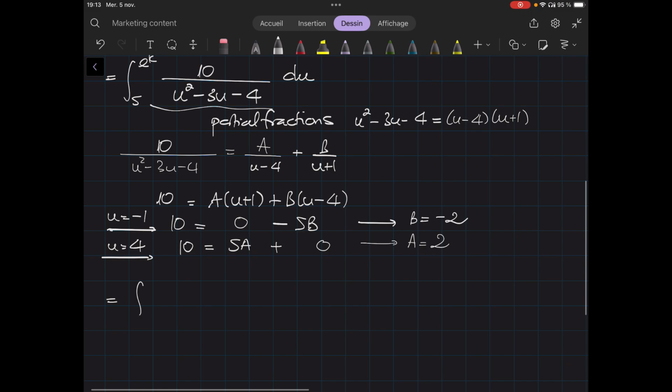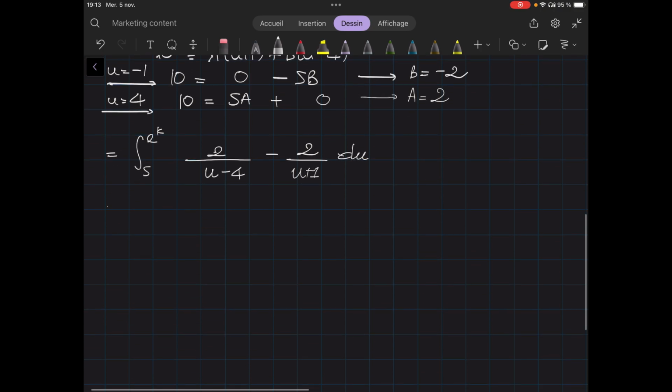We will now use our partial fraction decomposition to integrate. Integrating the first fraction, you will get 2 ln of absolute value u minus 4. Integrating the second fraction, you will get 2 ln of absolute value u plus 1.